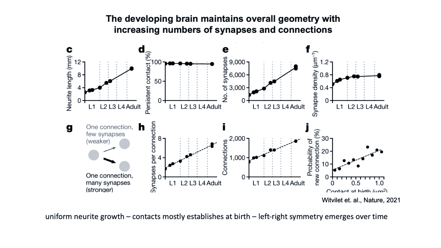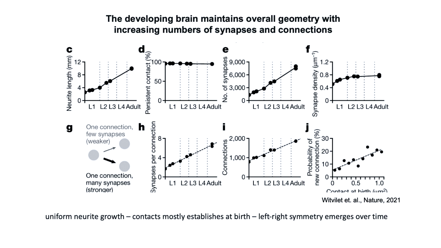But the synapse densities are not changing, meaning that new synapses are generated over the whole length of the neurite. It is not like one region is getting extensively dense. There are many cases, like one connection with many synapses being stronger, and weaker synapses, and you can also see that synapses per connection are increasing.